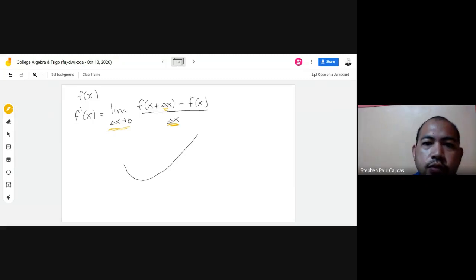What they wanted to do was to check the rate of change as there are small changes. Let me just change the function and make it into something better.